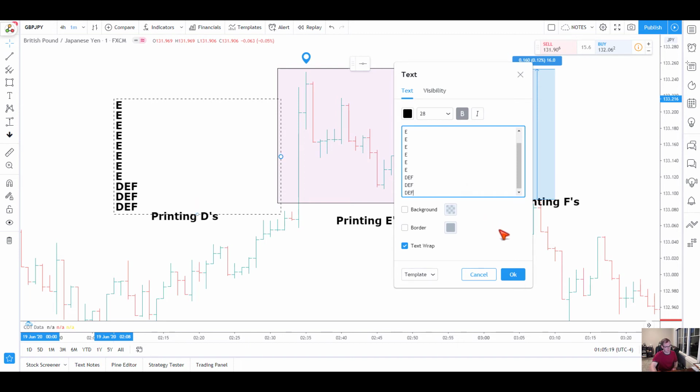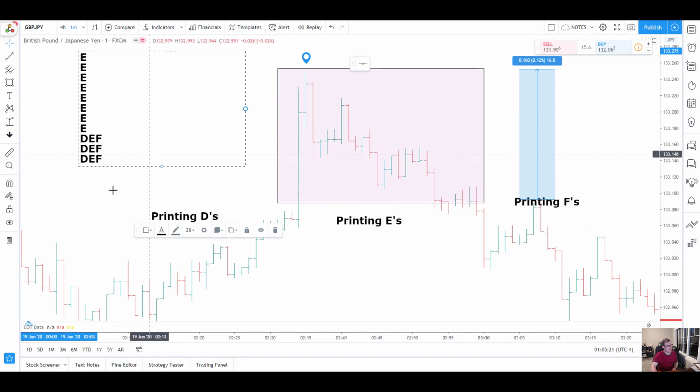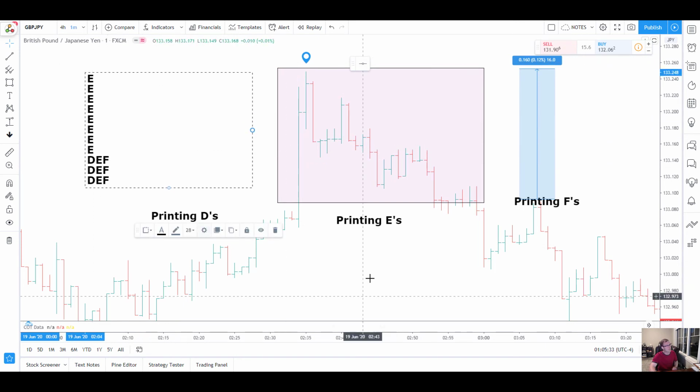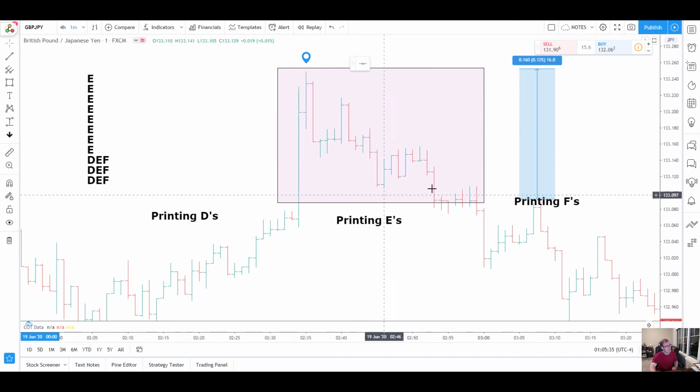And then you'd have more to the downside, right? You'd have more letters filled in here, right? So this would be a selling tail, a pretty good one, right? So look at all the other higher time frame traders that took advantage of this, right? Now you see as the E's were finished being printed, look at the time, 3 o'clock. Now at 3 o'clock, it switches to F's, right?